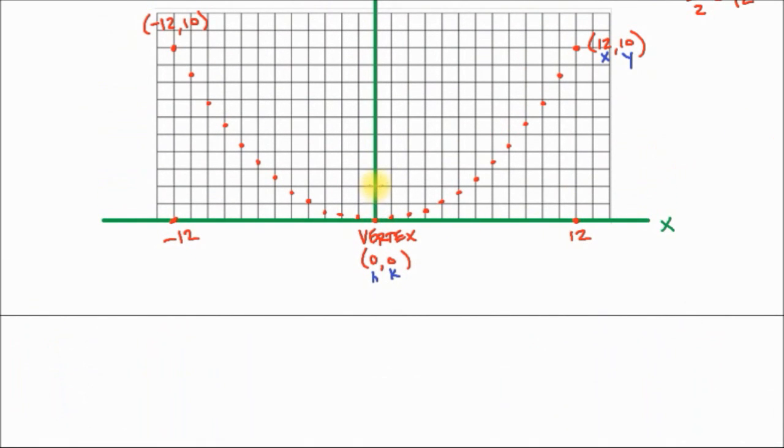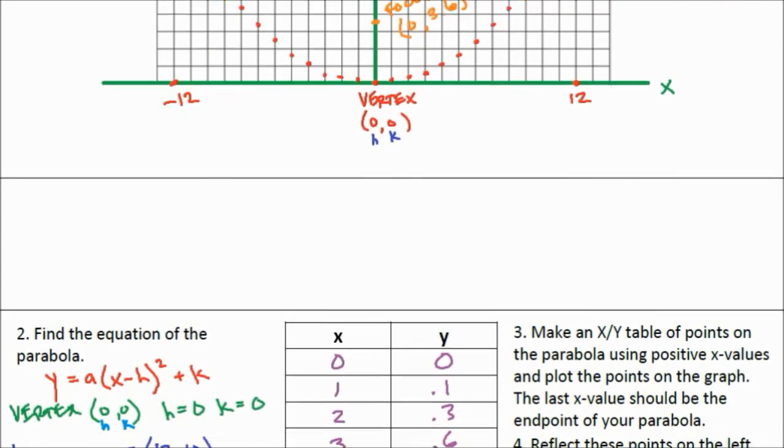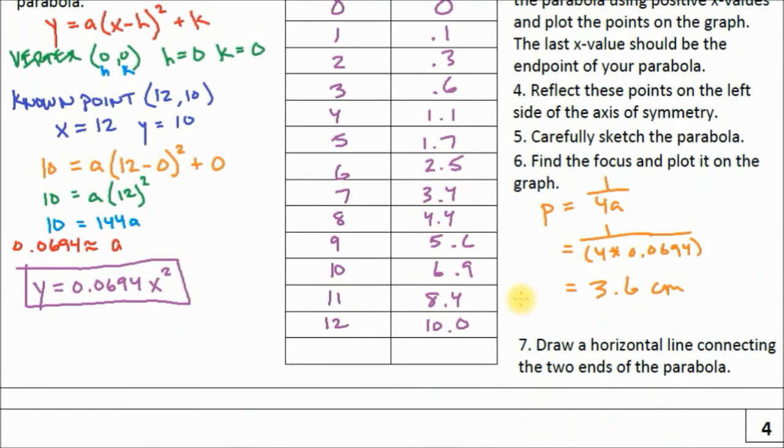So let's mark our focus on our graph. We go 1, 2, 3.6 right here. And that, class, I want you to label it. That is your focus. Let's write the coordinates of that: 0, 3.6. And now we've written our focus on there. Let's see if we have any other thing to do. Draw a horizontal line connecting the two ends of the parabola.